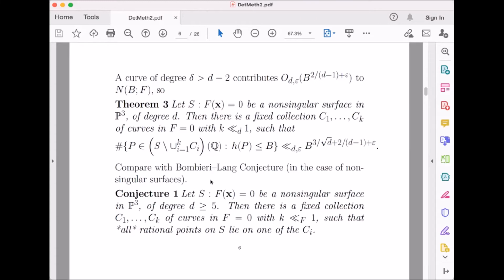Now, an important conjecture in the study of surfaces, in the case of non-singular surfaces, is the Bombieri-Lang conjecture, which would say this, that if you have a non-singular surface in P3 of degree d at least 5, so this would be a surface of general type, then there is a fixed collection of curves, C1 to CK, such that all rational points on S lie on one of these curves.